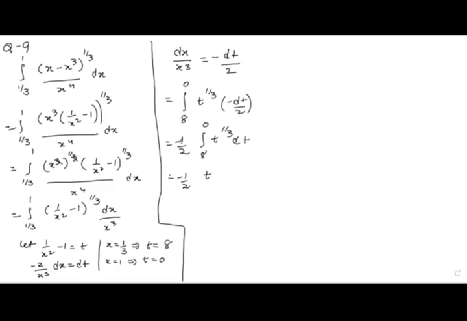This will be x raised to n plus 1. 1 by 3 plus 1 will give me 4 by 3 upon 4 by 3. Limits 8 to 0. So 3 will go up and this will be 3 by 8. Keeping 0 will give me 0.